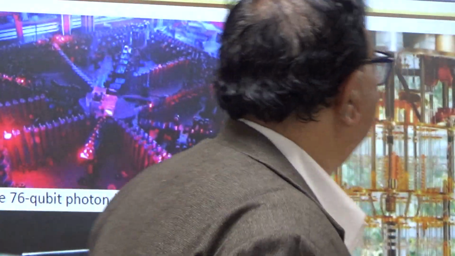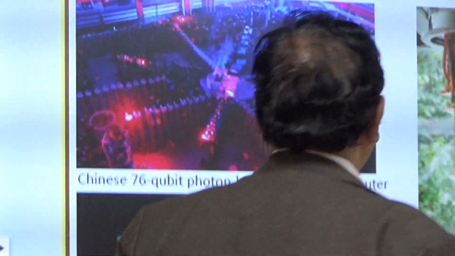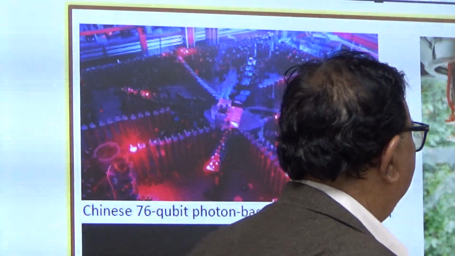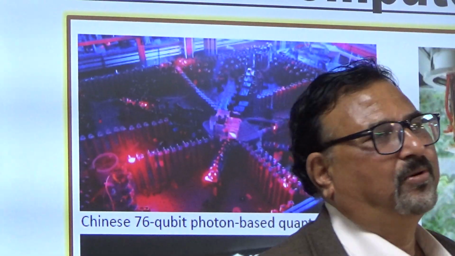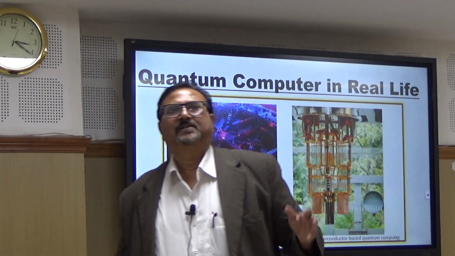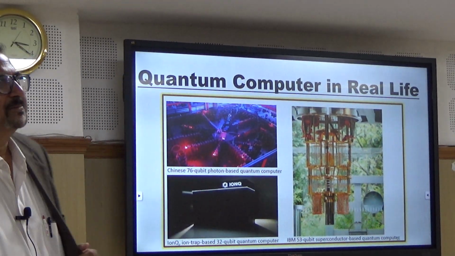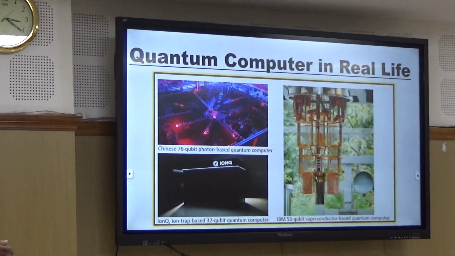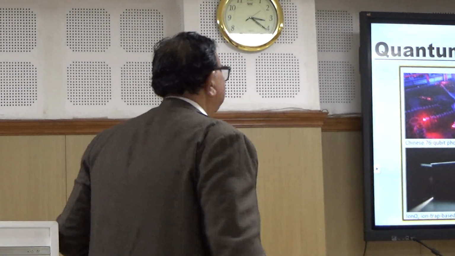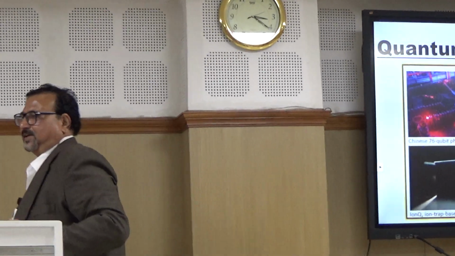This is the whole design of a quantum computer, where you will find lots of optical sources, polarizers, beam splitters, detectors, and then ultimately the entire system works as a computer. So don't worry, it is coming to the market very soon.